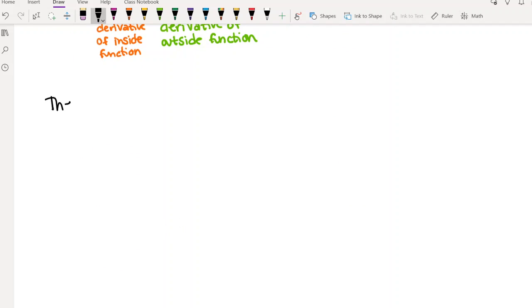So the chain rule is basically a generalization of what we just did in that last step.